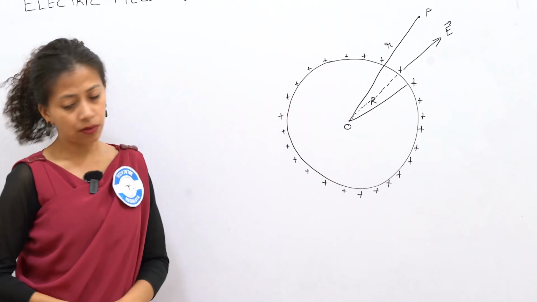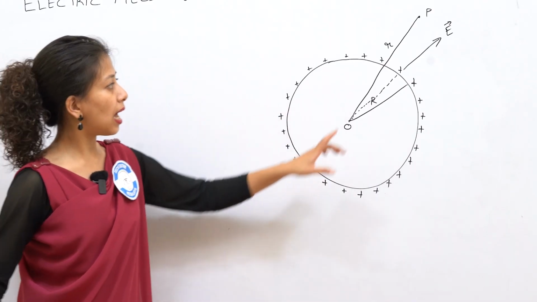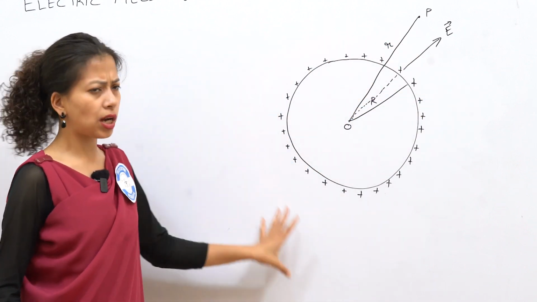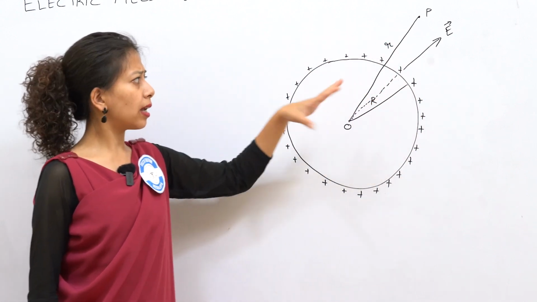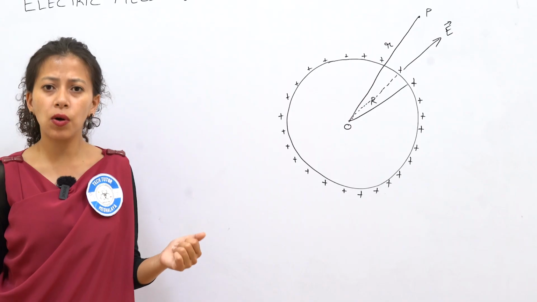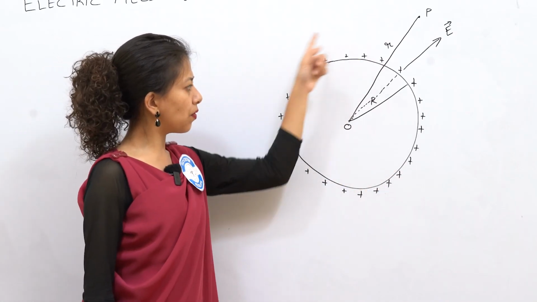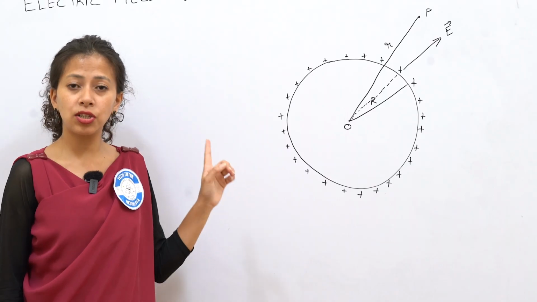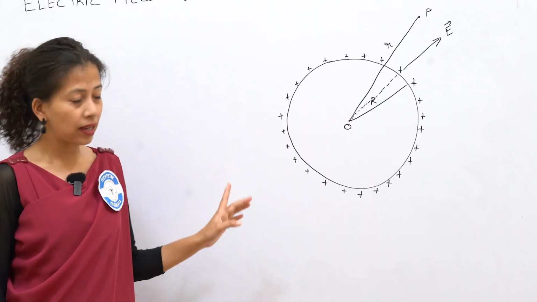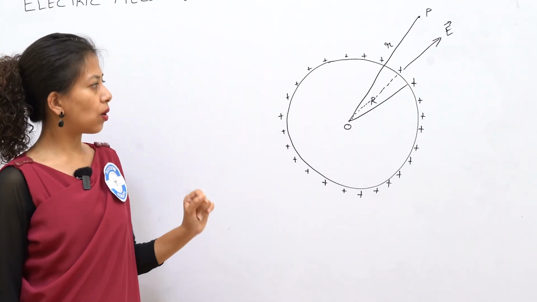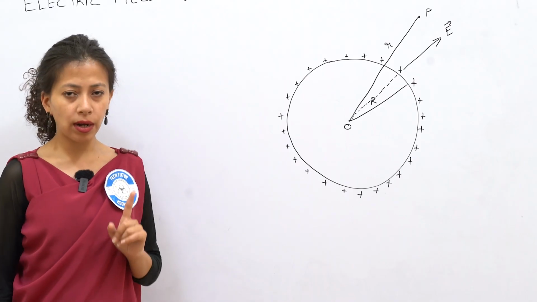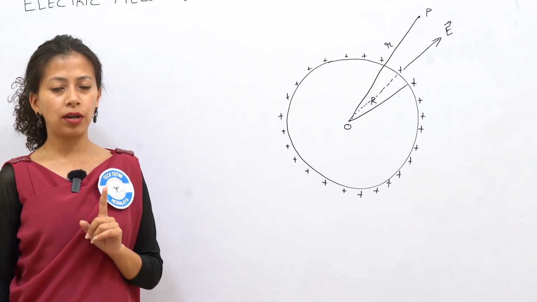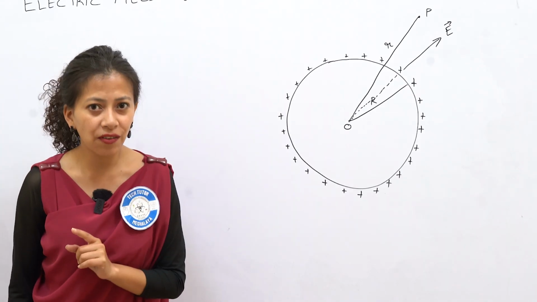Now, to find the electric field at point P due to this charged hollow sphere, once again we apply Gauss law. The charge on the hollow sphere is a continuous surface charge distribution. To use Gauss law, we draw a Gaussian surface.